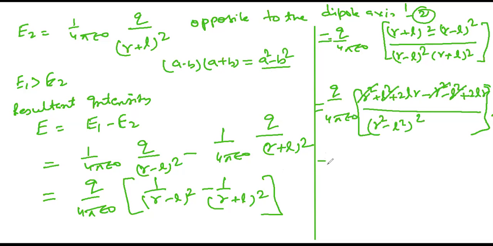So you'll be writing q upon 4 pi epsilon naught, 4 L r divided by (r square minus L square) whole square. Till here it is clear? Yes. So we have written now p is equal to 2ql.